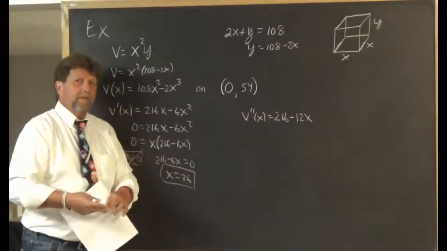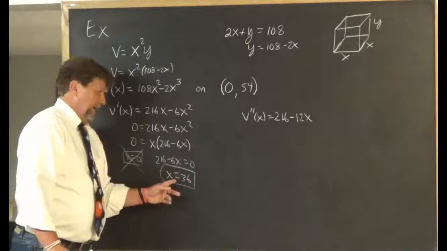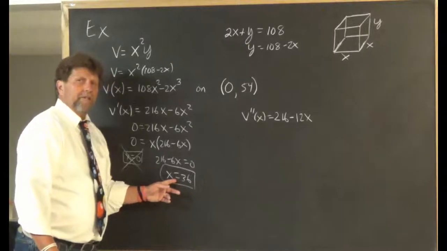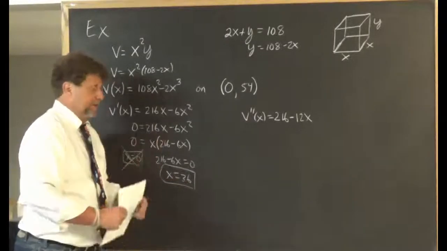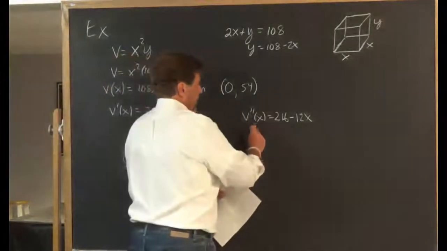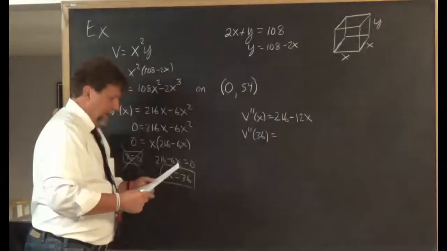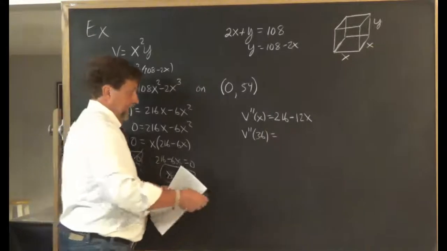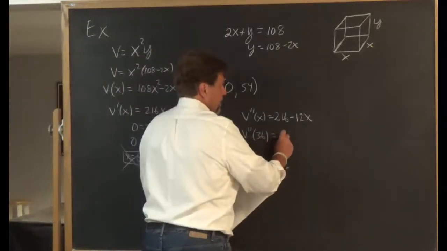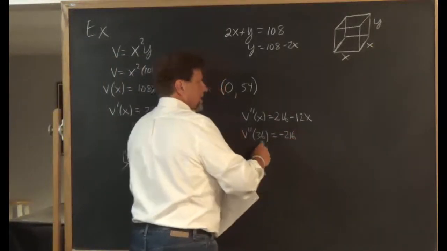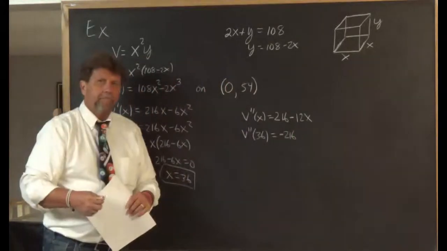Evaluate the second derivative at the critical number where the derivative is equal to 0, so we only have one, it's 36. So evaluate the second derivative at 36, and if you do that, I think you get something like a negative 216. It doesn't matter, you get a negative number.